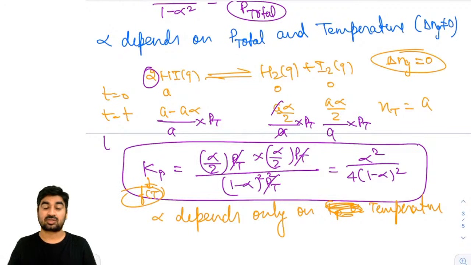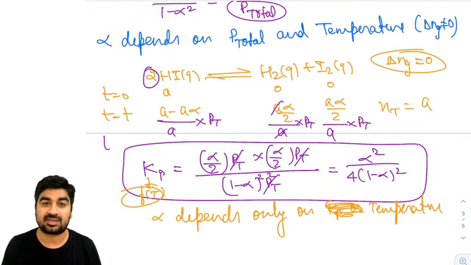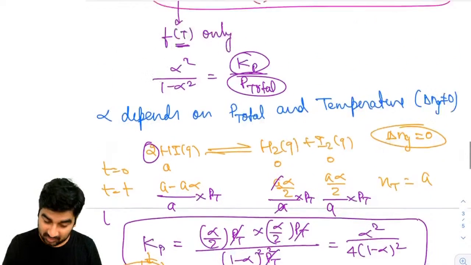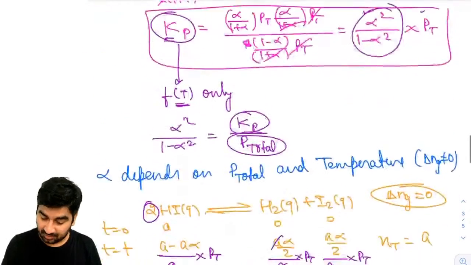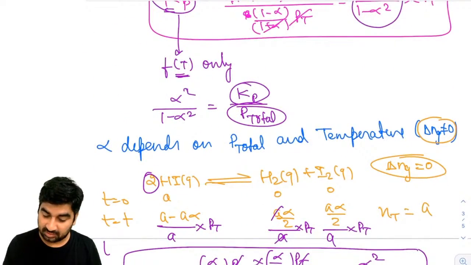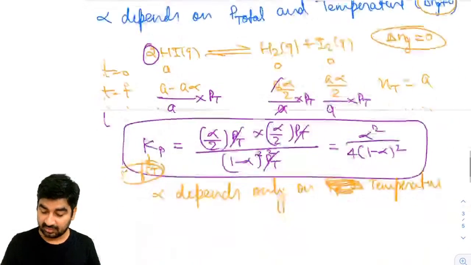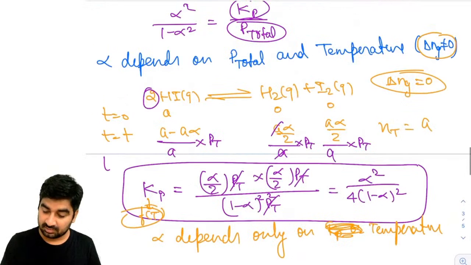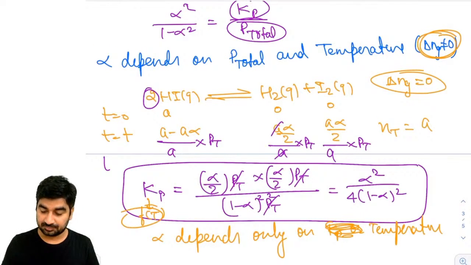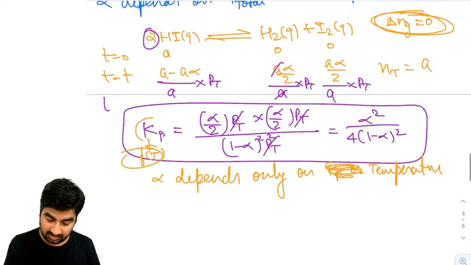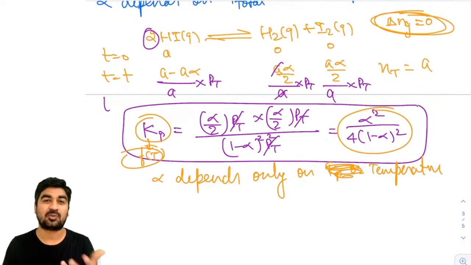So if somebody asks you that alpha always depends on temperature, wrong. Actually, if delta Ng is non-zero, then in the expression of Kp, P total will come. And if delta Ng is zero, then in the expression of Kp there will be no P total.